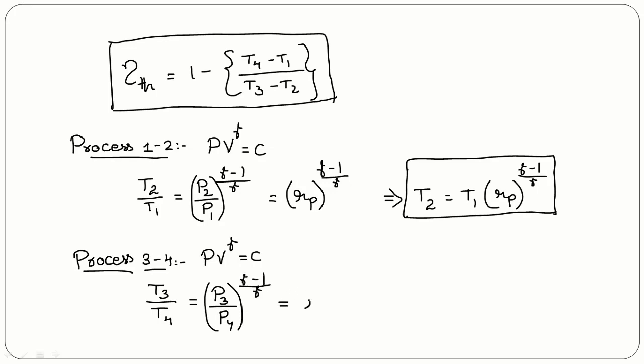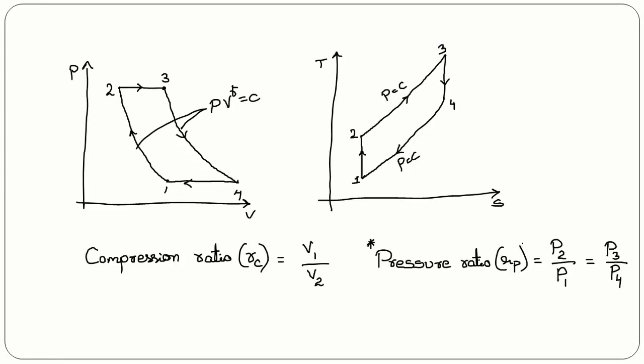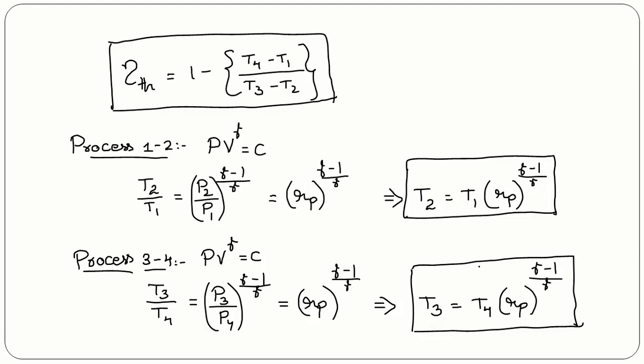P3 by P4 is nothing but Rp, so T3 is equal to T4 into Rp to the power (gamma minus 1) by gamma. So this is the value of T3 here. See, P2 by P1 or P3 by P4, both are equal to the pressure ratio. That is the reason we have written like this in this particular case.